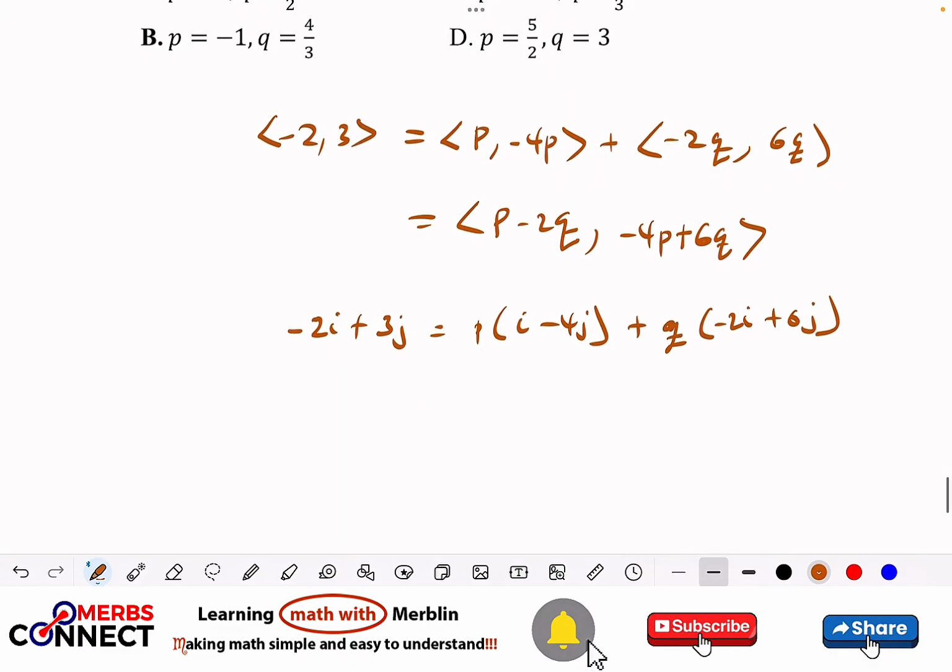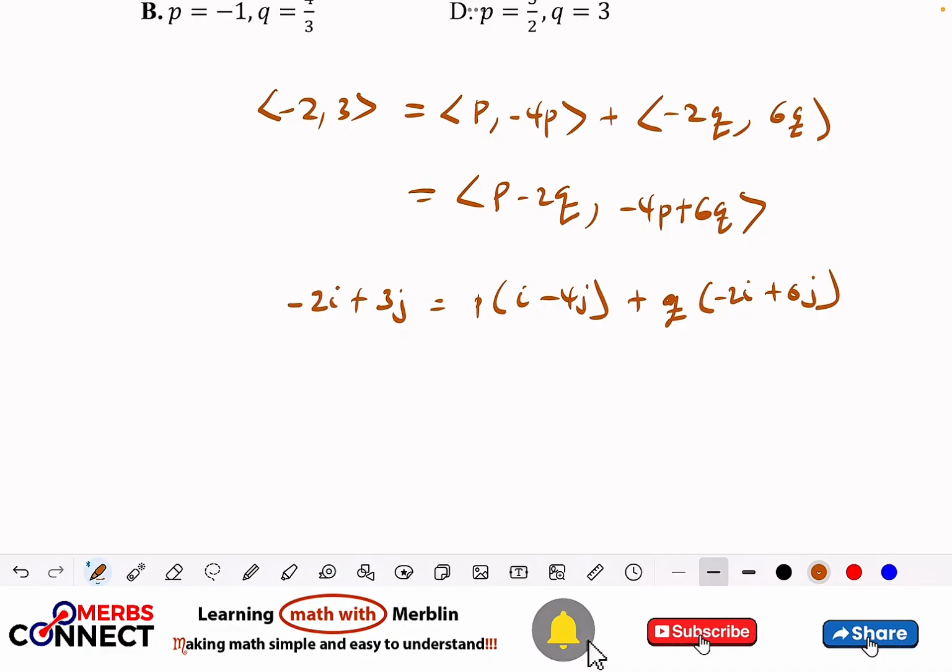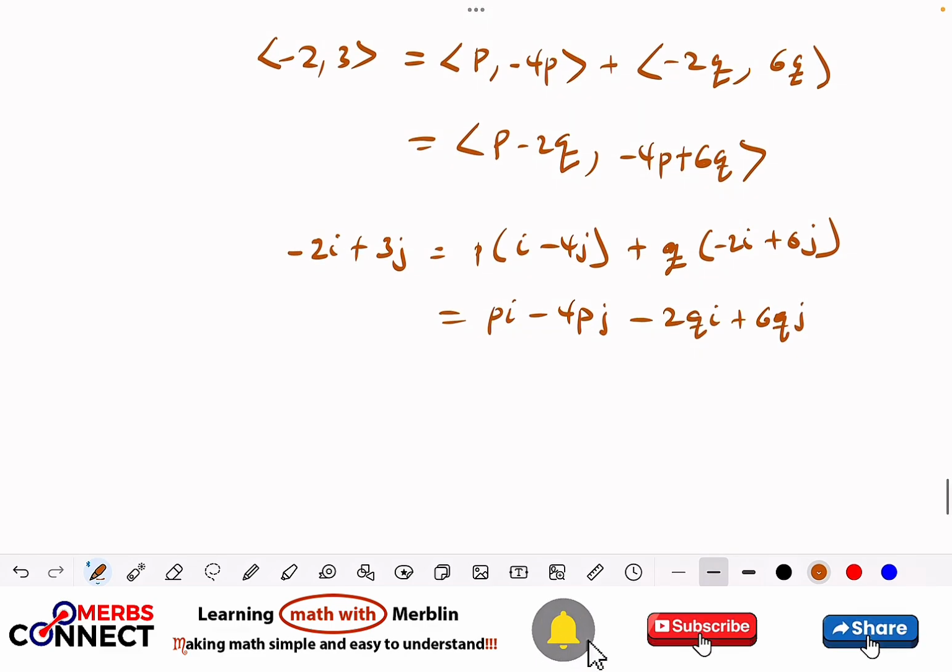So you just multiply through by P and you group items I to I, J to J. So this is Pi minus 4Pj minus 2Qi plus 6Qj. Group items and have P minus 2Q for I plus minus 4P plus 6Q for J.